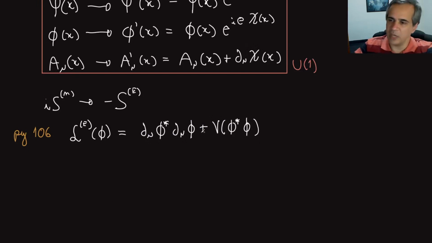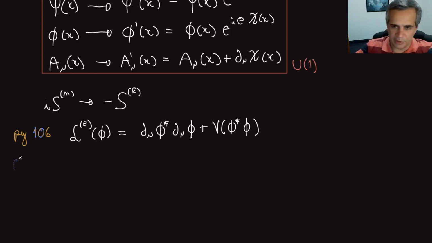All signs are already taken into consideration, so this is really the Lagrangian that goes in here. All factors of i have already been taken care of, and I don't care about lowering or raising indexes anymore because this is Euclidean.